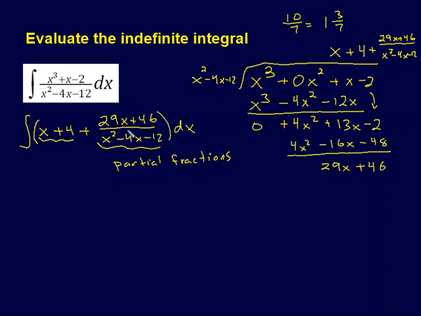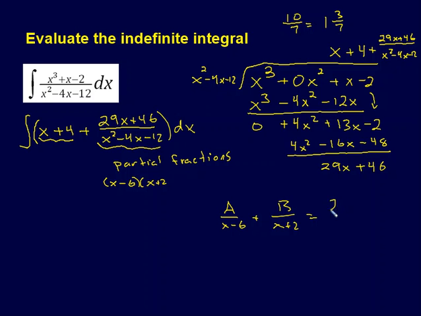Okay, so we're going to spend a little time now finding the partial fractions of this. So my denominator factors down to x minus 6 times x plus 2. So I'm going to have a fraction with something over x minus 6 and another something over x plus 2.